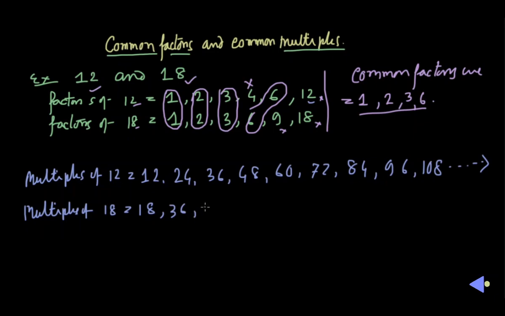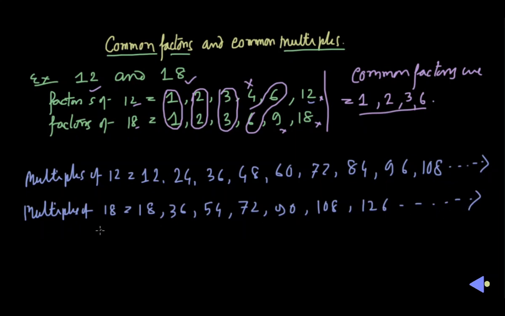Again here it is 36, 3 times 54, again 72, next 90, next 108, and if we add another 18 to 108, it becomes 126. It goes on and on.